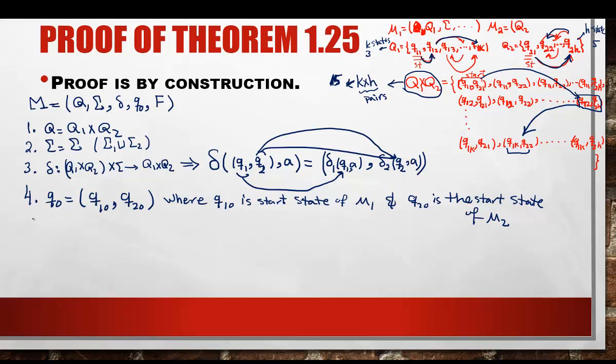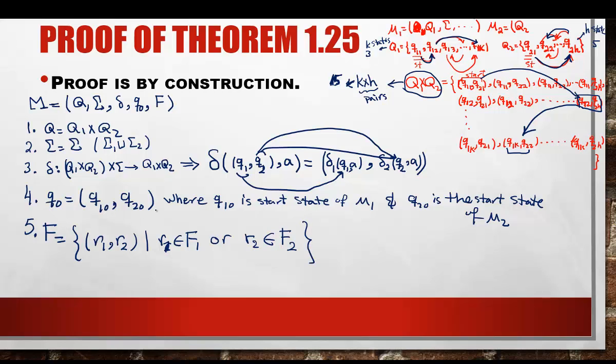And finally, the set of accept states here is going to be any pair of states R sub 1 and R sub 2, such that R sub 1 belongs to the accept states of the first, or R sub 2 belongs to the accept states of the second.